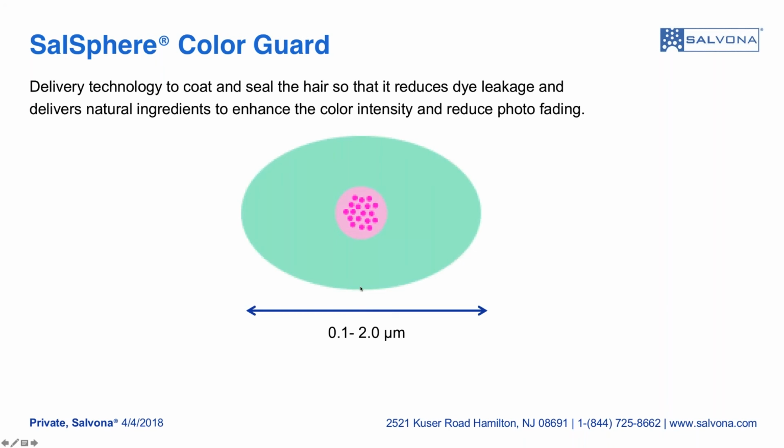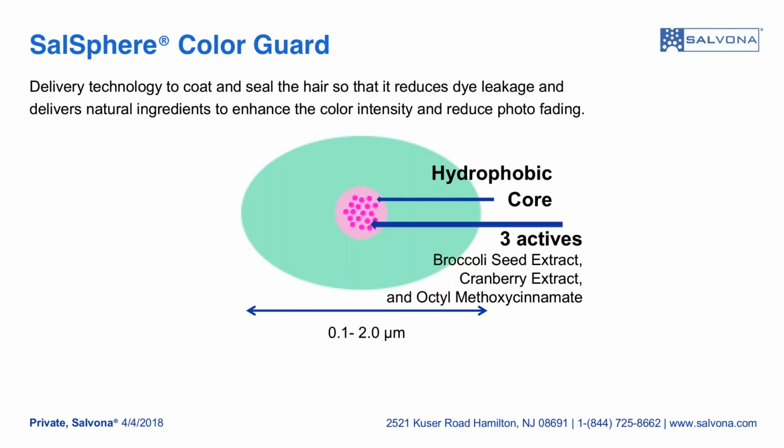We're talking about a sphere with a diameter of 0.1 to 2 microns. The center of the sphere is a hydrophobic core. This core encapsulates three actives: broccoli seed extract, cranberry extract, and a sun filter, octyl methoxycinnamate.